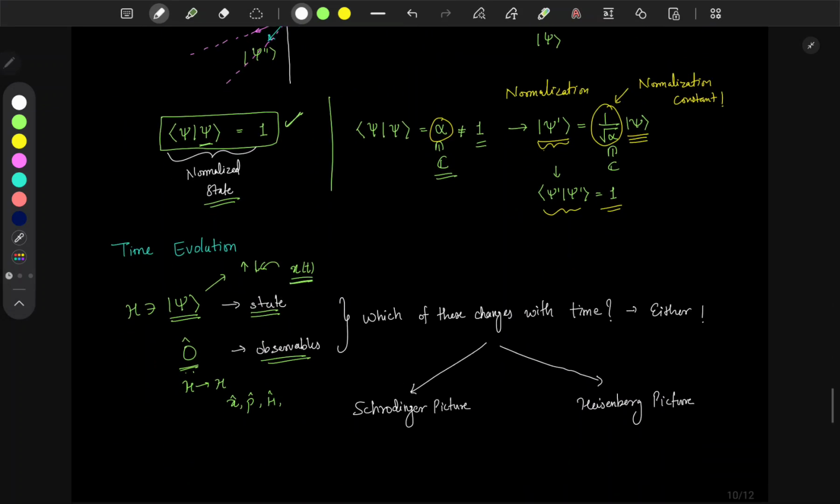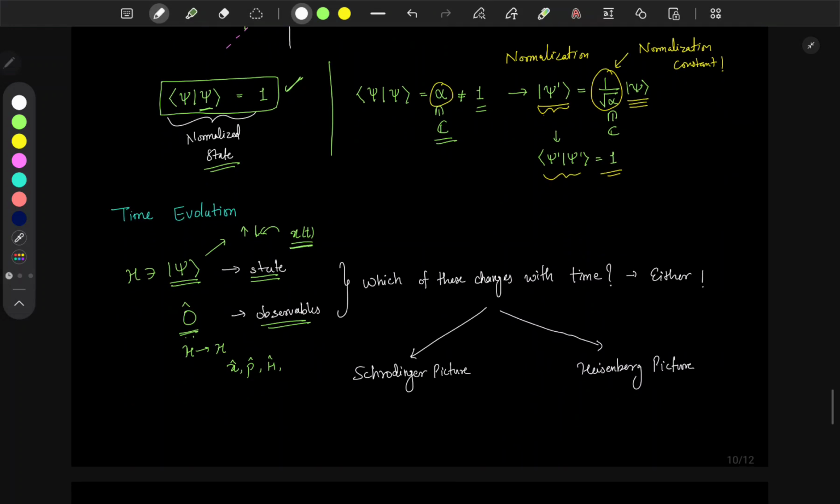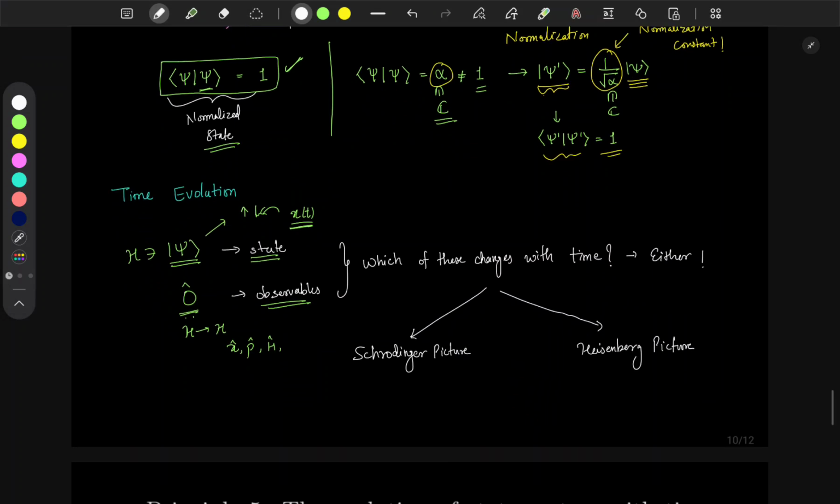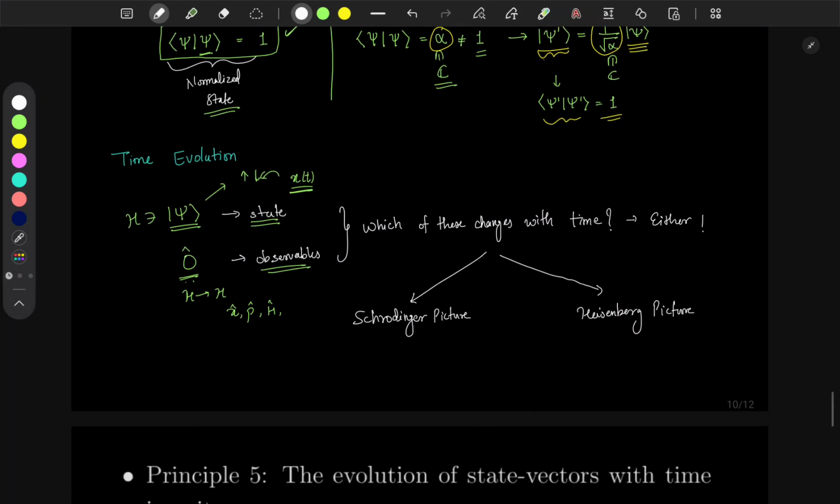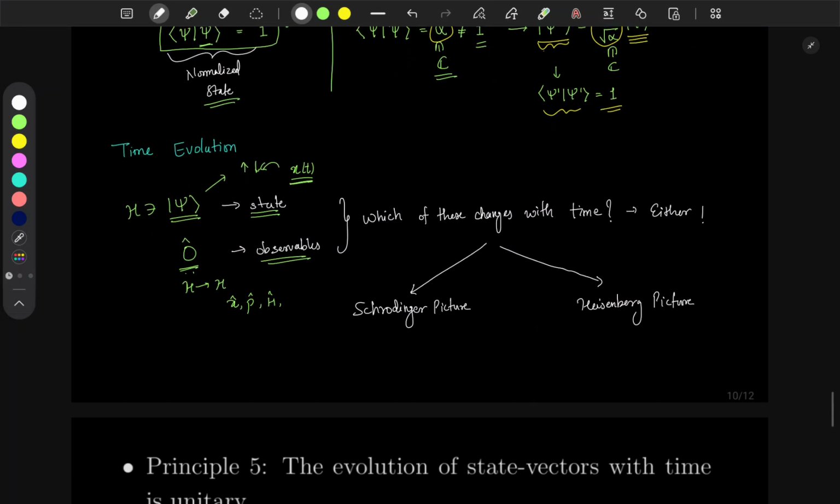What is happening? You can change either the state or the operator, and the corresponding physics would be the same. If you change the state with time, or you change the operator with time, the physics it tells would be the same.